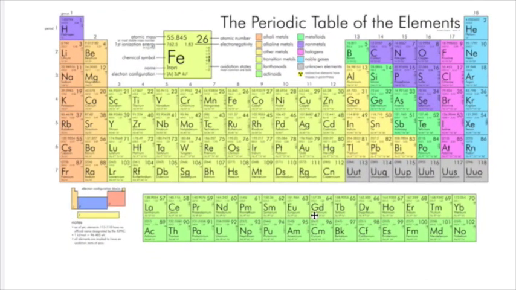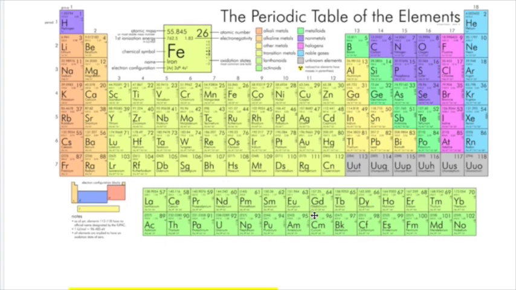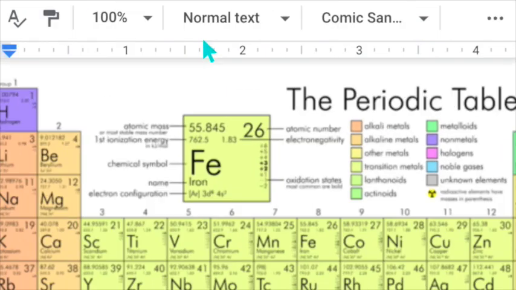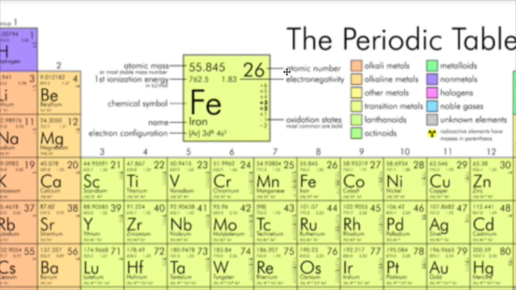So, first we're gonna be showing you the periodic table of elements. As you see, we have Fe, and Fe is iron, and then at the top we have the atomic number. On the top right, I'm gonna zoom in a bit, because I don't think you can actually see, but it's the atomic number.